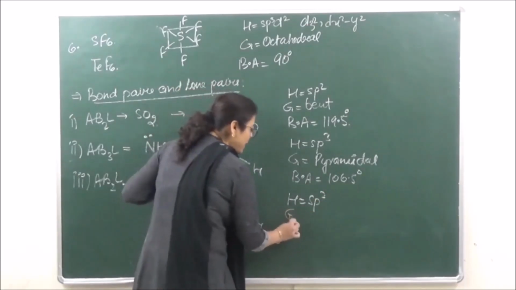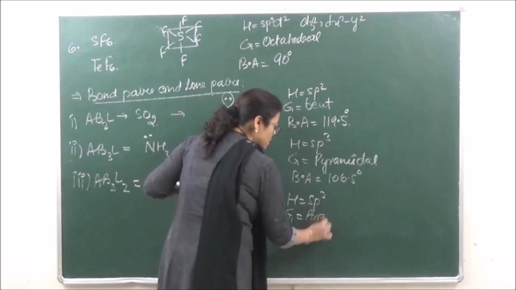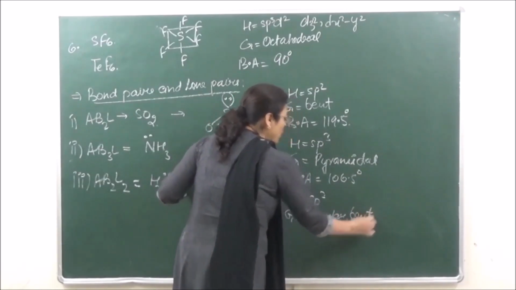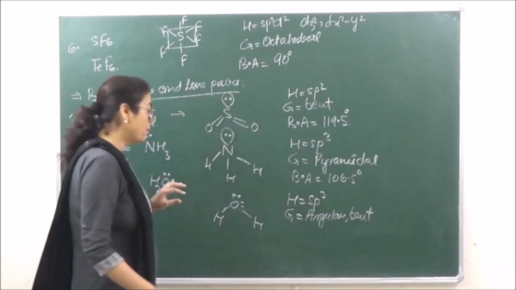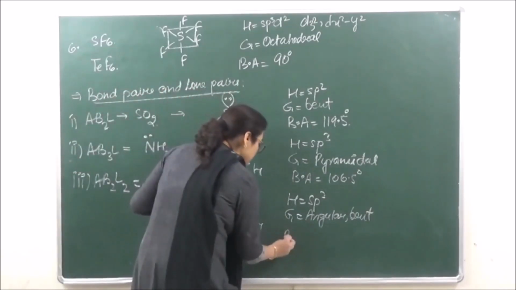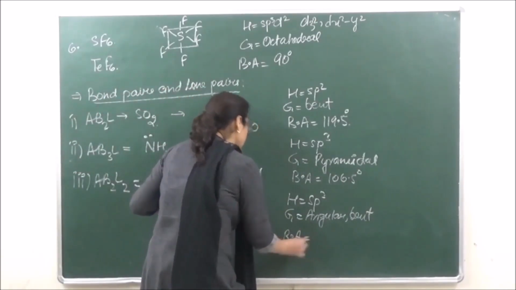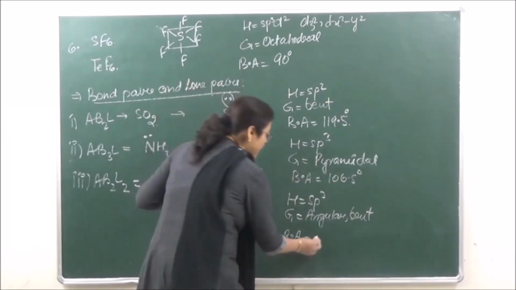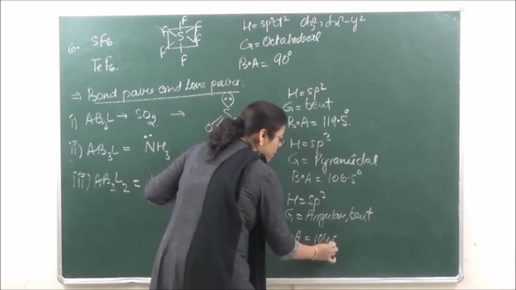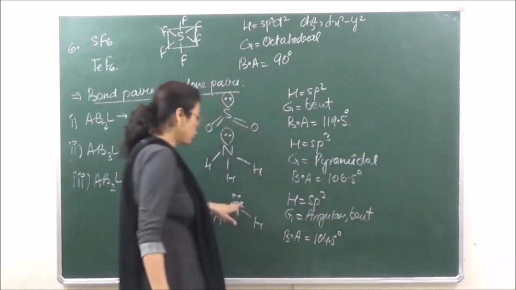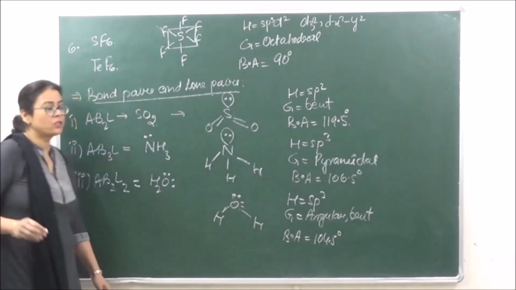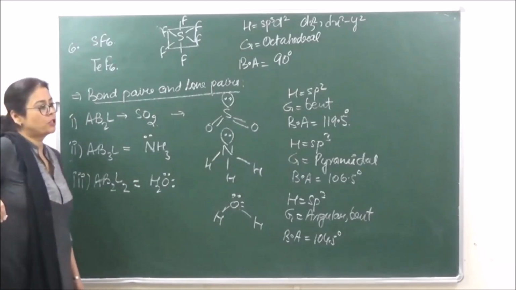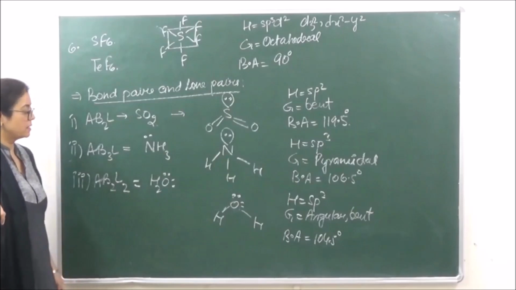The geometry is angular or bent, and the bond angle over here, that is going to be reduced even smaller than this. It is 104.5 degrees because of lone pair repulsions, which according to VSEPR theory is the maximum repulsion. ठीक है, समझ आ गया?